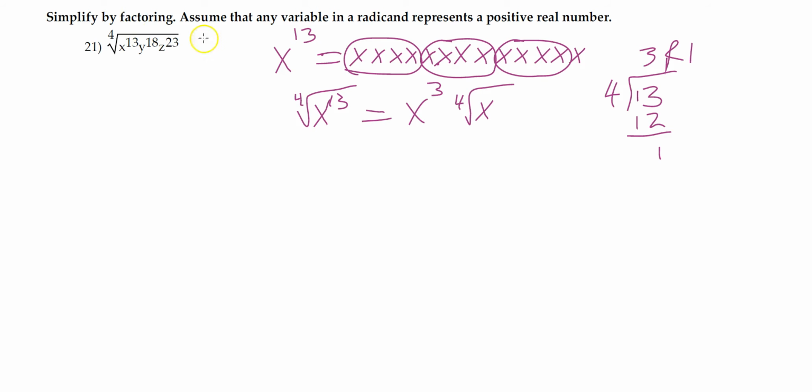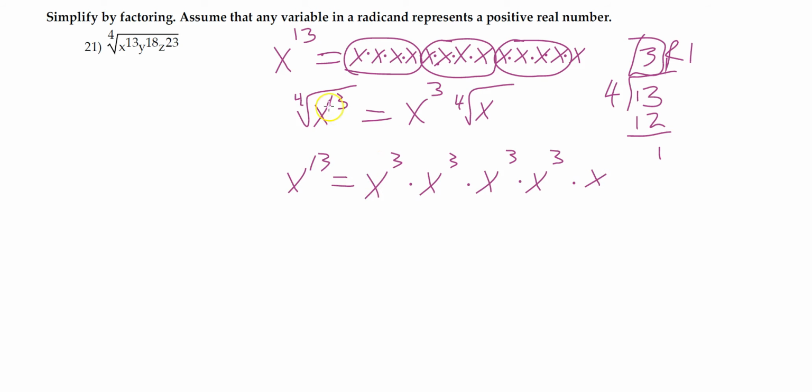So we're writing the x to the 13 as x times x times x times etc. So this is a way of writing it in factored form. So perhaps we can reuse this instead of doing the 13 x's, this number x cubed times x cubed times x cubed times x cubed, and that 1 extra remainder.